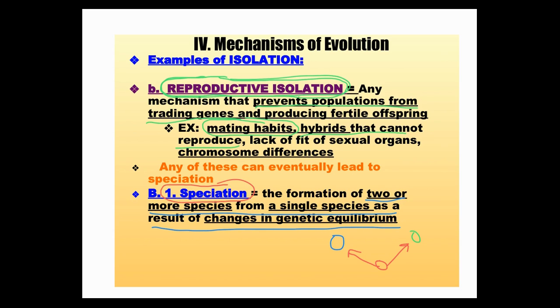Remember, genetic equilibrium doesn't mean that it's totally equal. Changes in genetic equilibrium means that certain alleles become more common and other alleles become less common, usually due to natural selection. And that can lead to speciation, or the formation of two or more species.